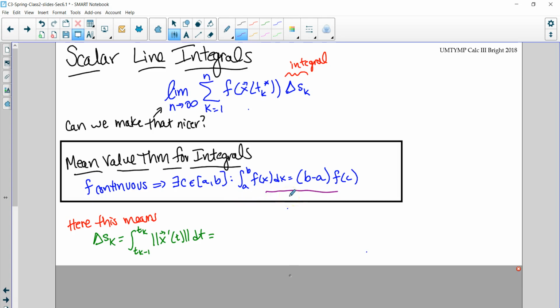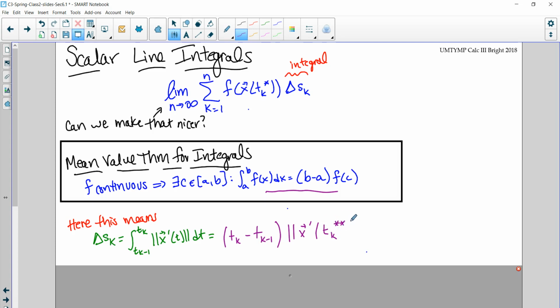Can I just say that this is equal to tk minus tk minus 1, and then times the length of x prime evaluated at tk star star?